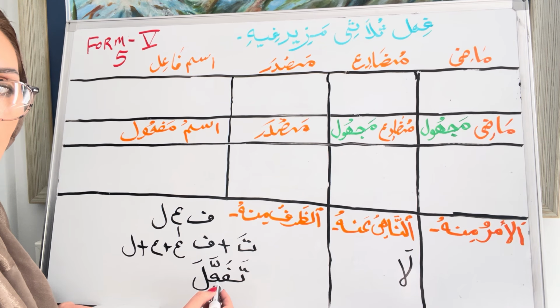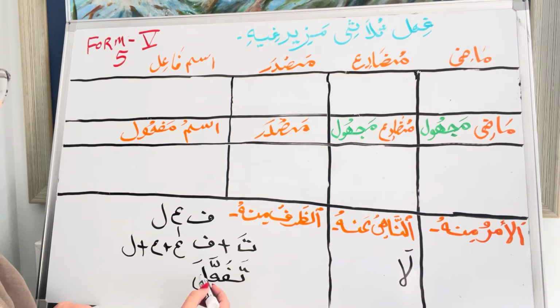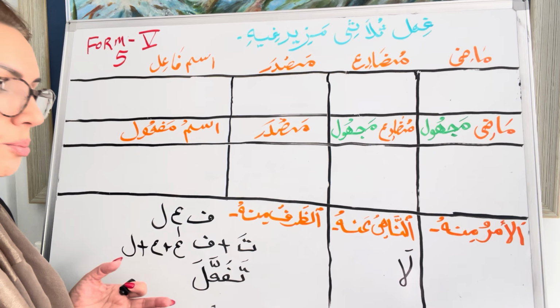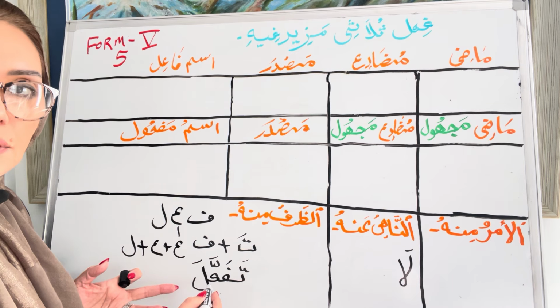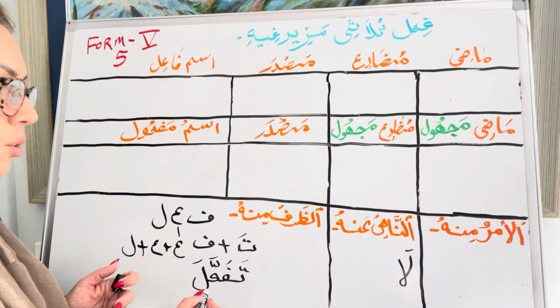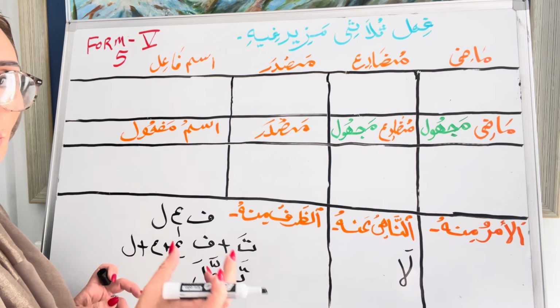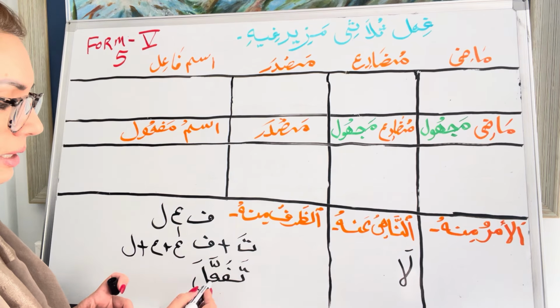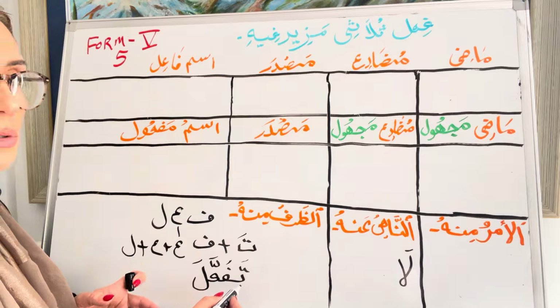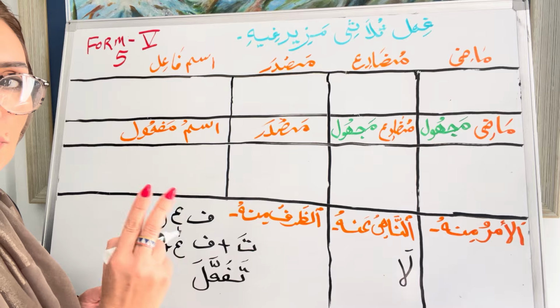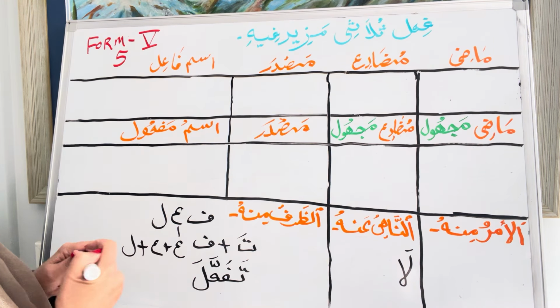Remember when we started with form 2? علم. فعل. It's the same thing. It's form 2, but the only difference is now the ta is added in the front, the letter ta. So now there's 2 additions here. Not only is the ain kalima doubled, but we're also adding a ta. So 2 things are added to this form 5.